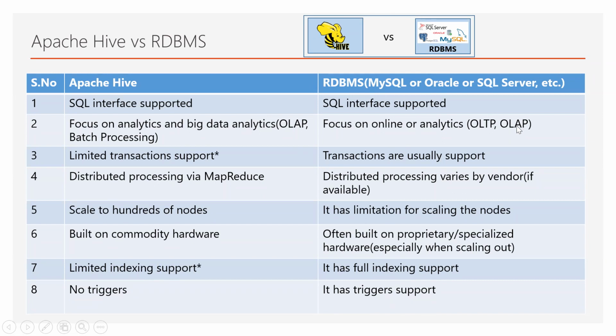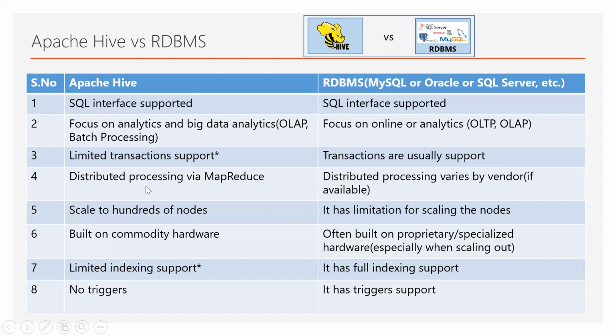Mostly all data warehouse software is OLAP. Hive has limited transaction support, while in RDBMS we have full transaction support, ACID properties, commit and rollback, and delete and update. In Hive, delete and update were initially not supported; later they were supported with some limitations.